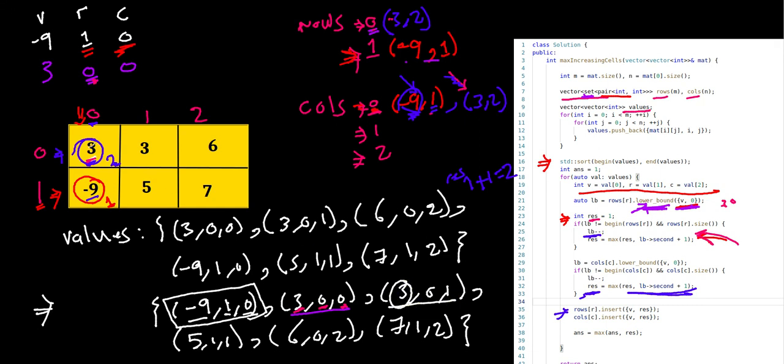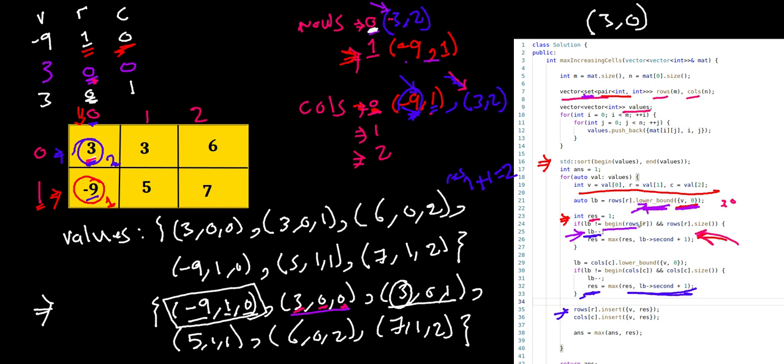Then we move to the next cell, 301. We look at the first row 0 for the value 3. In this case, the lower bound returns a pointer to this node, but we do minus minus, so if we do minus minus, it will go out of the set.